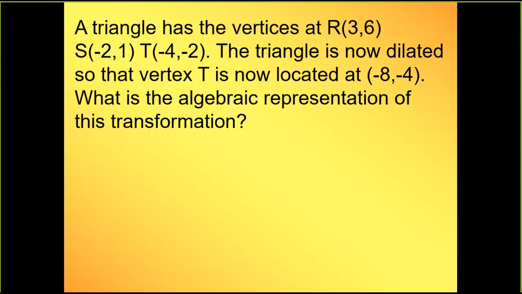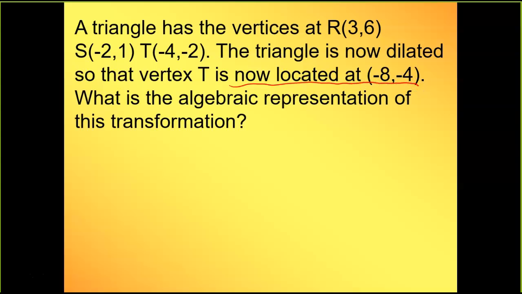All right. Now let's look at this one. If a triangle has the vertices of R at the coordinates 3, 6, S at -2, 1, T at -4, -2. The triangle is now dilated so that the vertex T is now located at -8, -4.